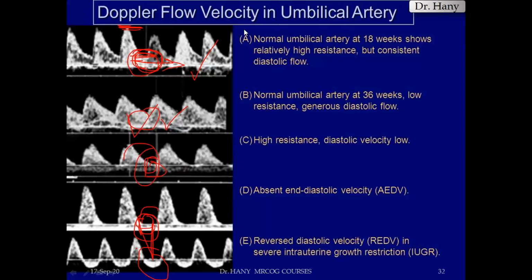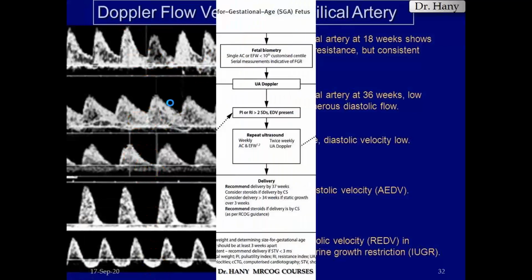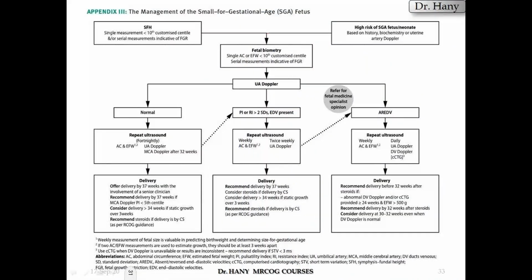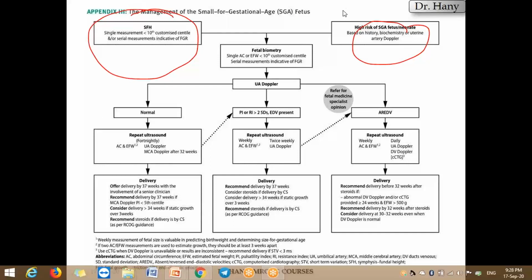Clear? I will go for the tricks of the exam: how to manage small for gestational age. You should have a history or a low symphysis fundal height. So in the exam question, he will tell you the woman has a history of previous small for gestational age, or low birth weight.